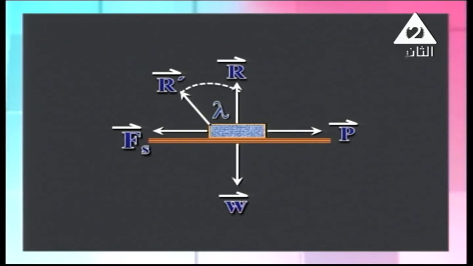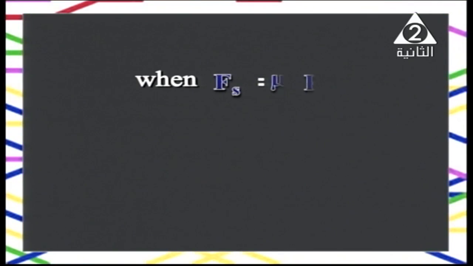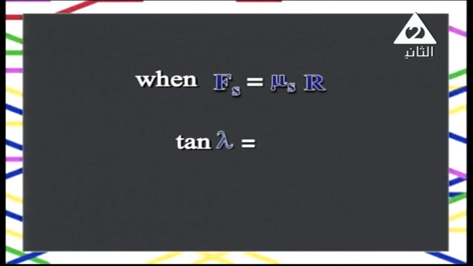Lambda is the angle between what? Excellent student. Resultant reaction and normal reaction, R dash and R. My dear student, when Fs equals mu s R, then tan lambda equals Fs over R. What do you mean by Fs over R?